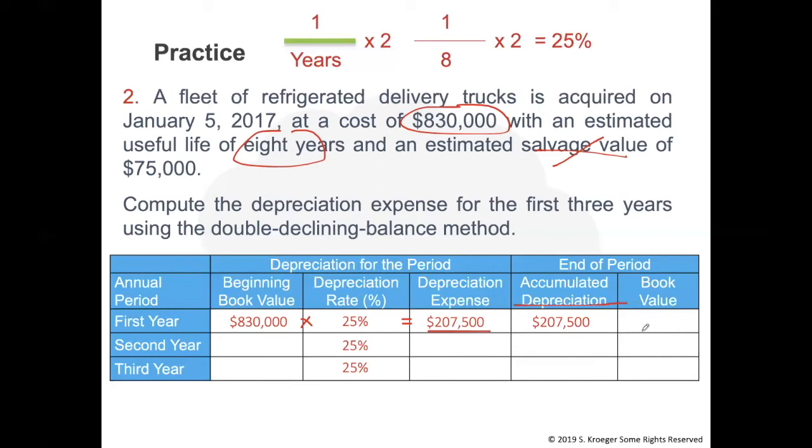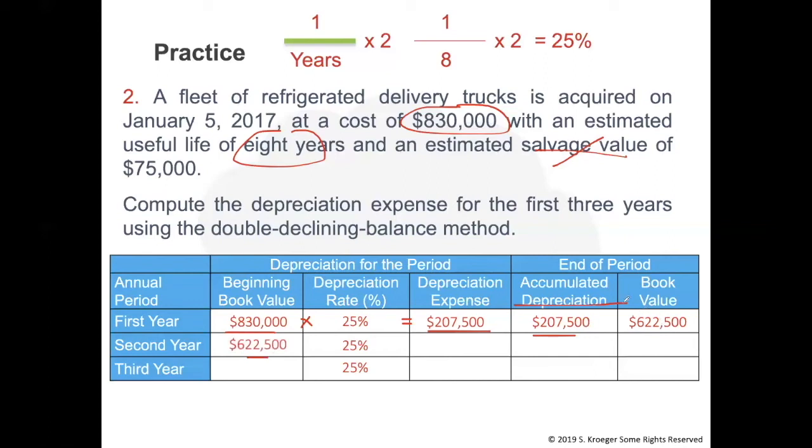We need to update the book value. The book value now would be $830,000 minus the accumulated depreciation, which would give us a cost of $622,500. This ending book value would be the beginning book value for the next year.